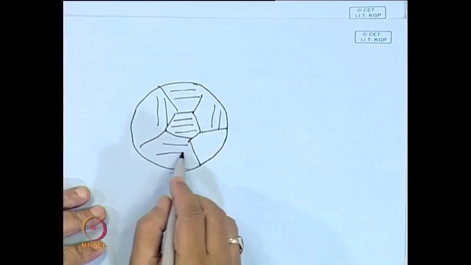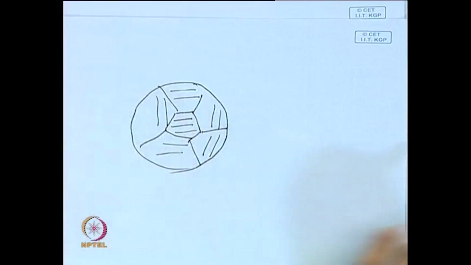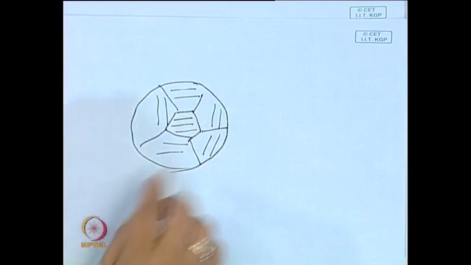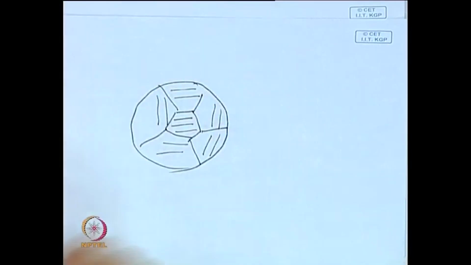And if different planes are differently oriented, the orientation of these slip traces will be different. But if you polish it, they will disappear, and you will not see any such lines.